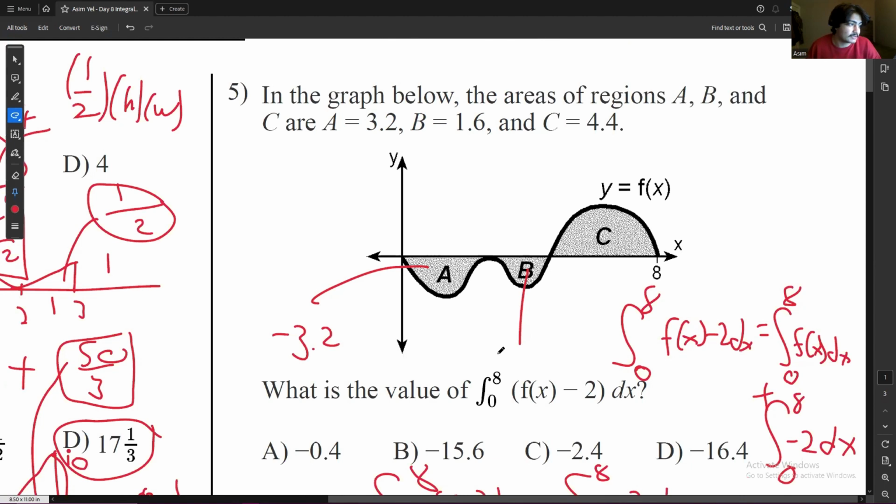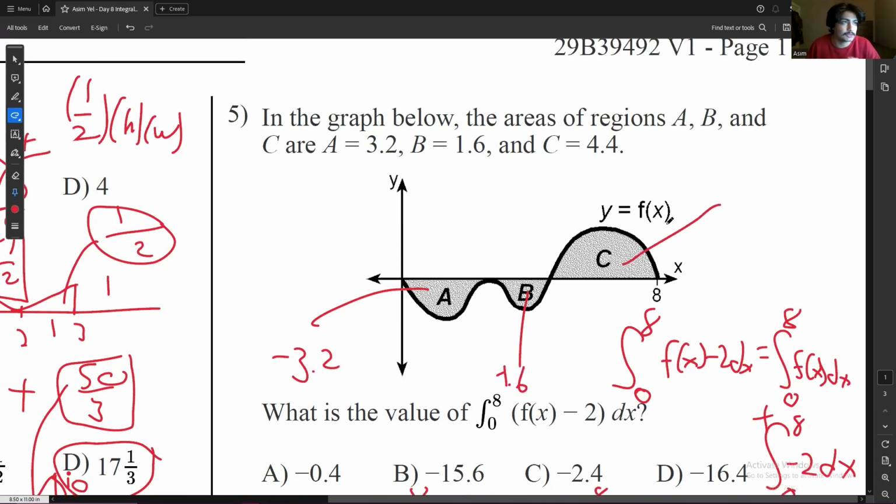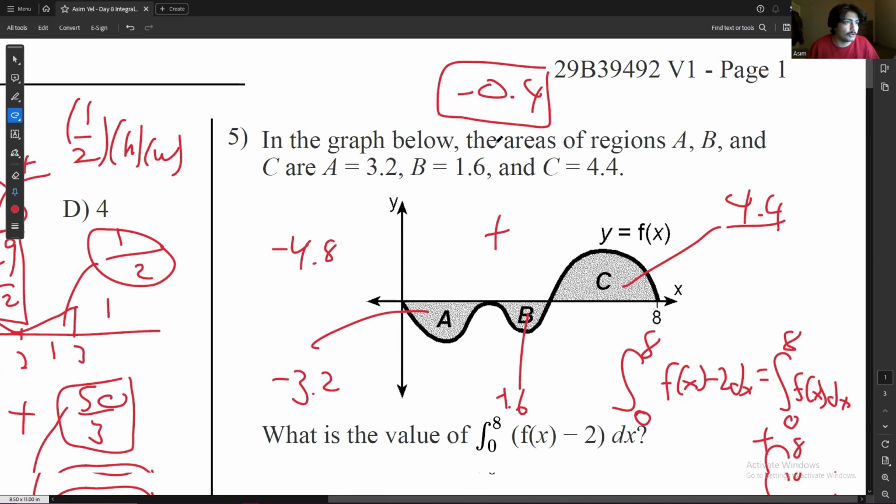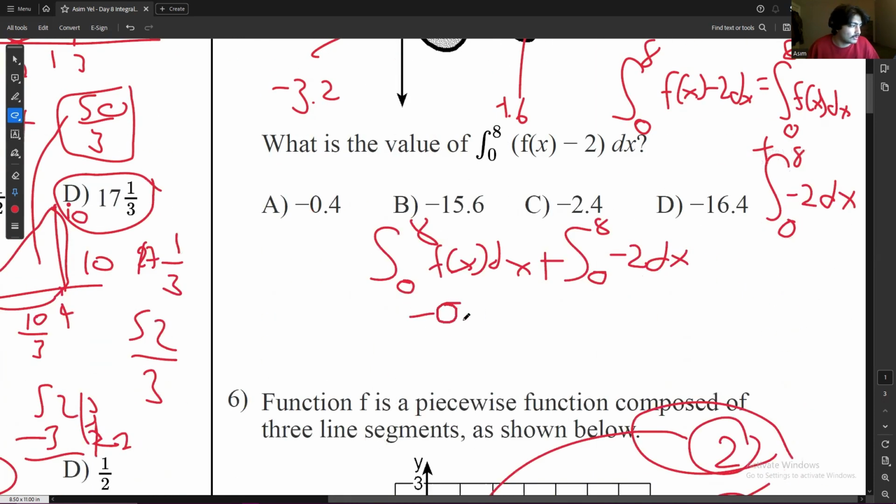B, 1.6. No, it's -1.6 because it's under the x-axis. Always tell this to yourself. So C is 4.4. What I get for this is, I'm sorry, this will be negative 4.8, and this will be 4.4. If I add these together, I got negative 0.4. So this is my total integral, negative 0.4.